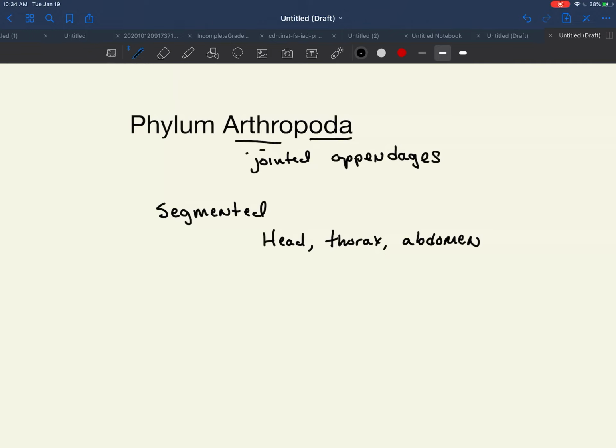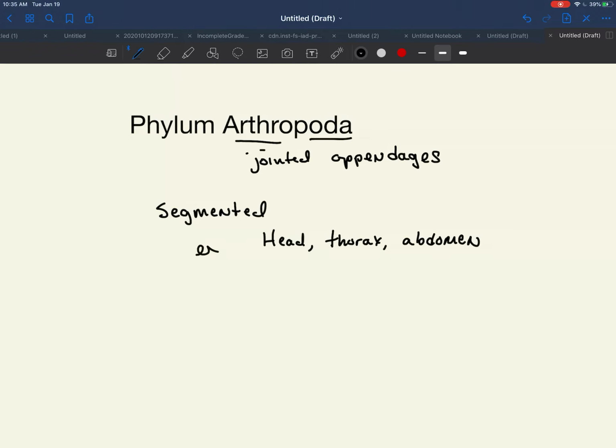So you have mandibles and maxillas and all these little appendages near the mouth, and those are jointed. The thorax might have walking legs coming off of it. If we're talking about a grasshopper, you can imagine the jointed appendages coming off of it. And then the abdomen is also segmented when you look at a grasshopper.